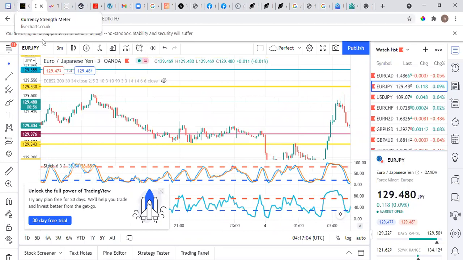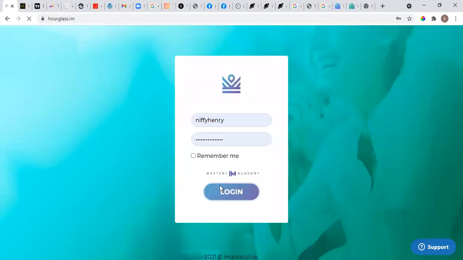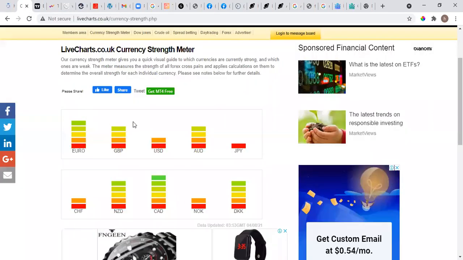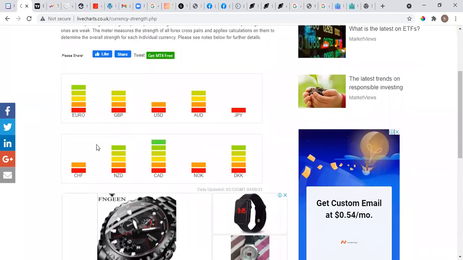Then lastly, we're going to be using the currency strength meter. While Forex Factory is for sentiment analysis, you use your currency strength meter for fundamental analysis. We were talking about which currency is stronger, and I love this website because it is graphical.